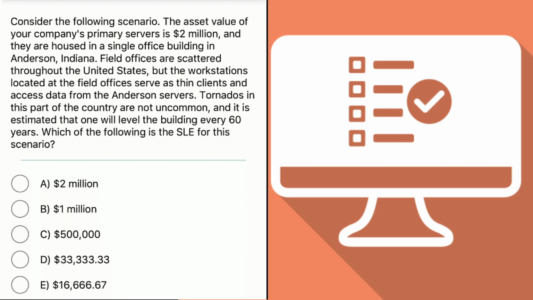Tornadoes in this part of the country are not common, and it's estimated that one will level the building every 60 years. Which of the following is the SLE for this scenario? A. 2 million. B. 1 million. C. 500,000. D. 33,000. E. 16,000.